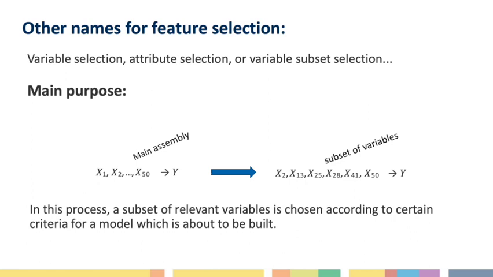There are other names and ways we can define this concept of attribute selection. It's also known as variable selection, characteristic selection, or feature selection.